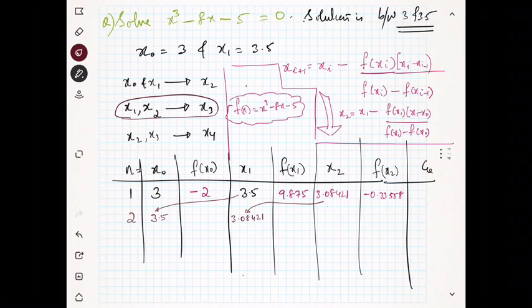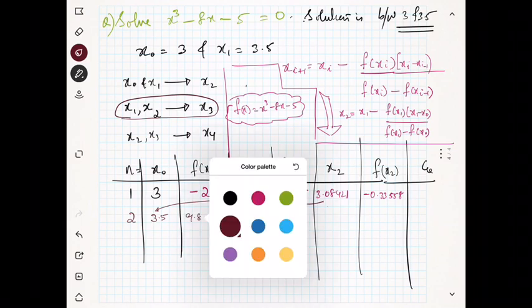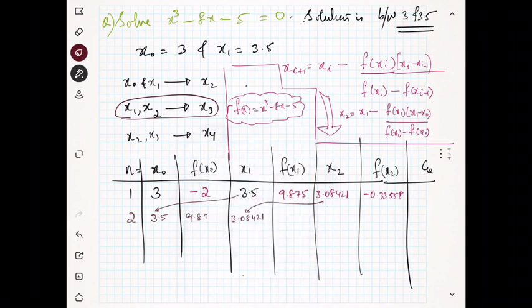So by using this, now you know f of 3.5 is already we have calculated 9.875, and f of 3.08 is also calculated. It is minus 0.3358.